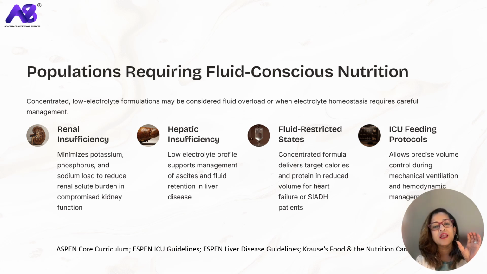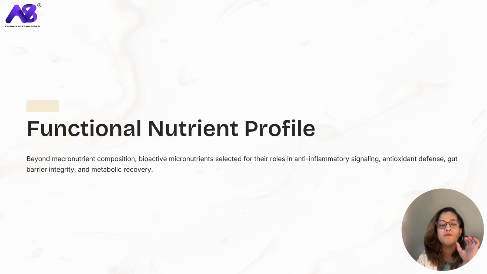This is particularly relevant in special conditions, when you have kidney dysfunction, liver dysfunction, some patients have ascites, some have heart failure, or their ejection fractions are fluctuating, so they have a fluid restriction, because there could be fluid imbalance even during mechanical ventilation. So these are some of the situations when you can use an energy dense formula.